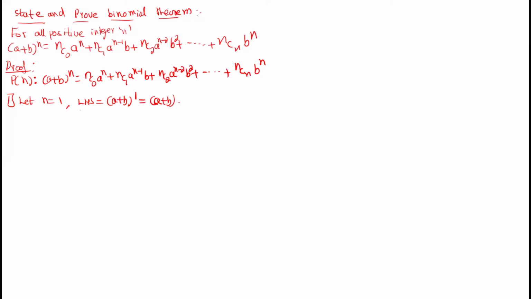RHS value is equal to, see, while considering the RHS, n is equal to 1 means till 1 I need to take the terms. That means nC0 a power n and nC1. If n is equal to 2 means till where I need to take, nC0 plus nC1 plus nC2 also I need to take. But here n is equal to 1 is there, right? So take the terms as nC0 into a power n.